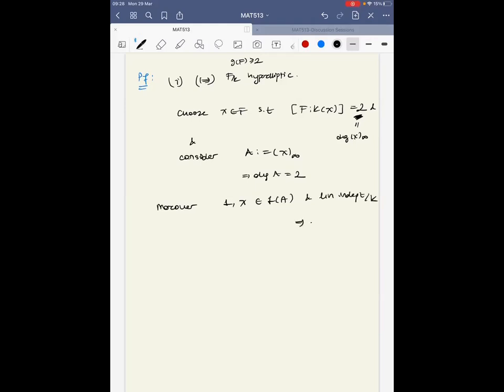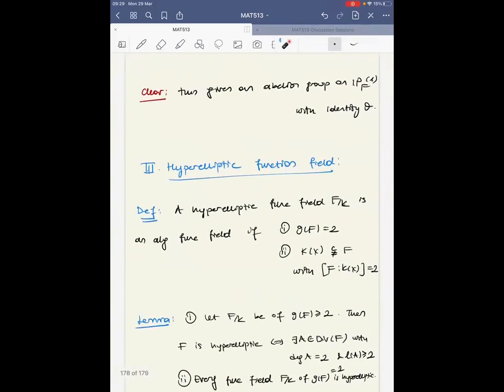And this also shows us the dimension of the divisor is at least 2. And indeed, this choice of the transcendental gives us the desired divisor with degree 2 and dimension at least 2.